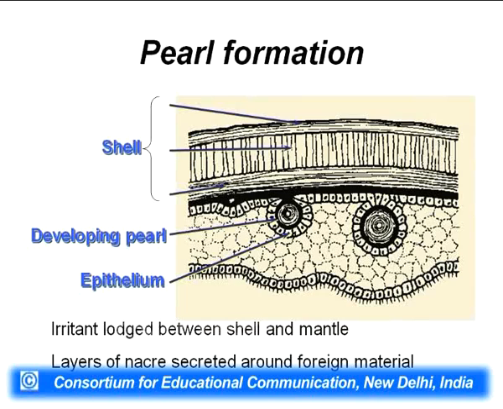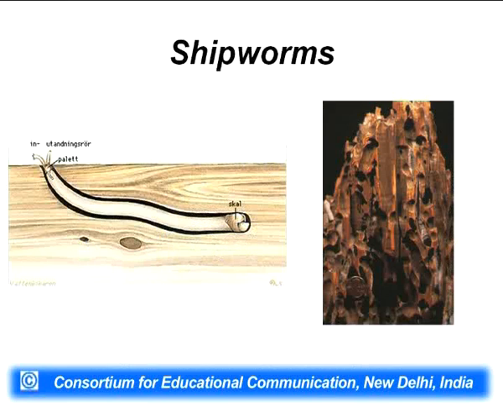It tries to engulf that foreign particle and it secretes concentric layers of a shiny material which is called mother of pearl around that foreign material, and during the process of enveloping the foreign particle, a pearl is produced in a period of 3 to 4 years.